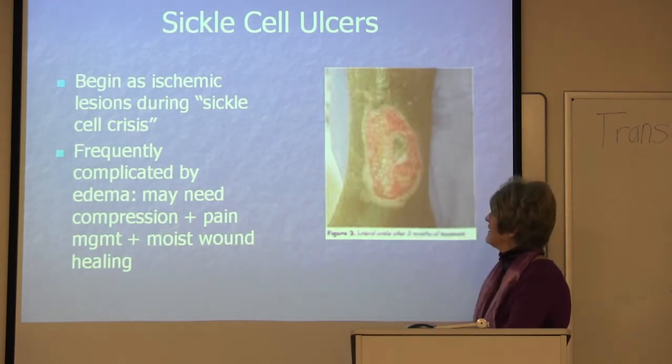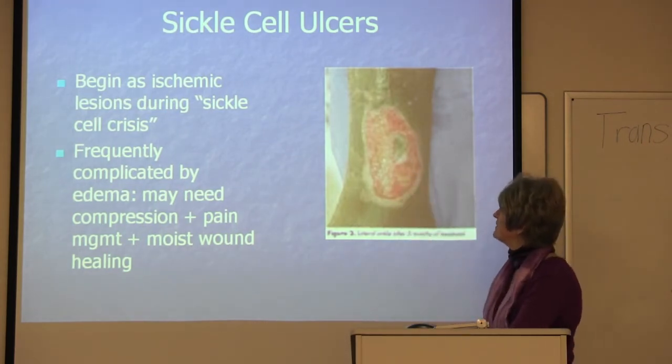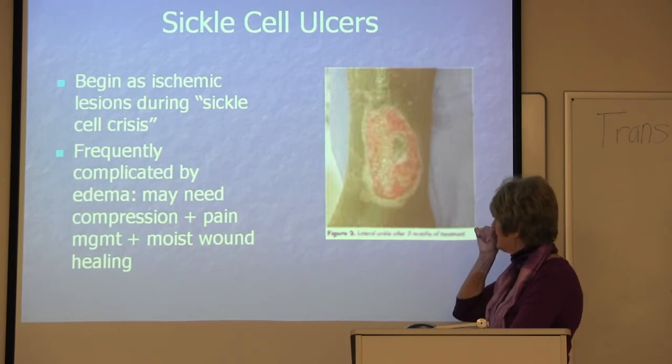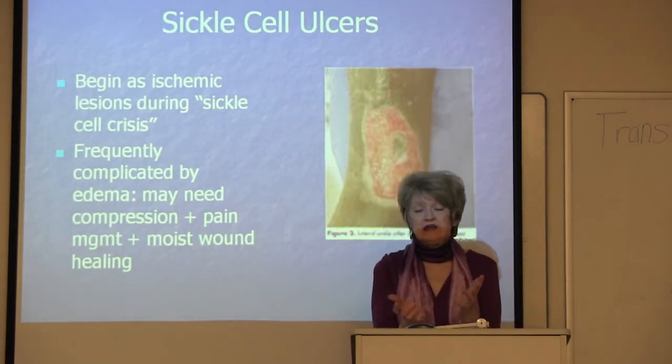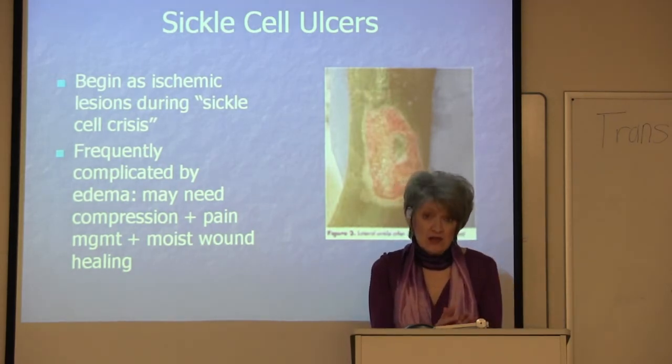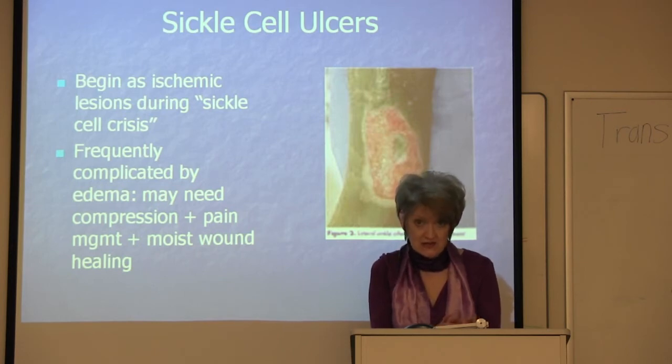Now, typically you find these on the lower third of the leg, many times on the medial malleolus, just where you would find a venous ulcer. The difference is that these ulcers are very slow to heal, unlike venous ulcers, which respond promptly to treatment. And of course, the big giveaway is that these ulcers are occurring in patients who have sickle cell disease.